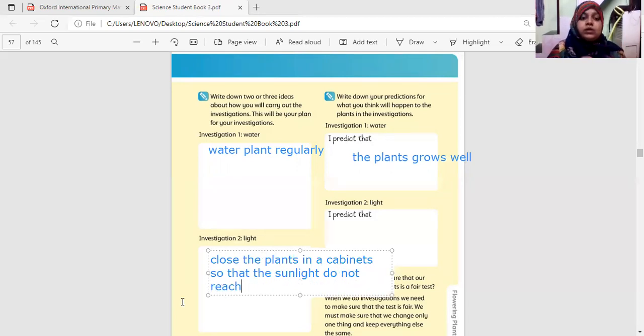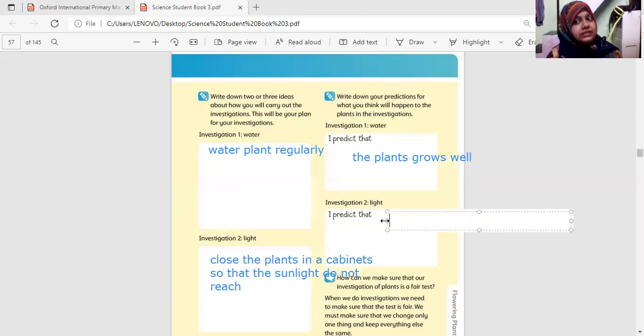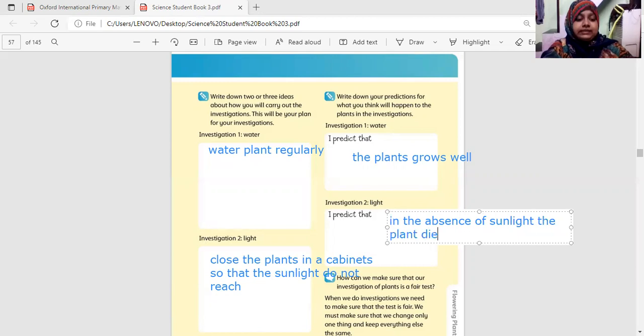So what will happen if we do so? I predict that if the sunlight does not reach the plant for more than 4 days, the plant will eventually die. In the absence of sunlight, the plant dies.